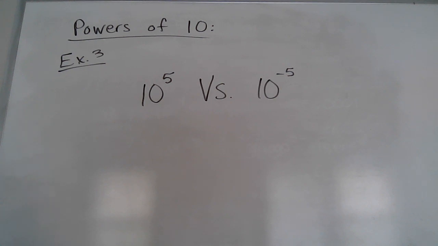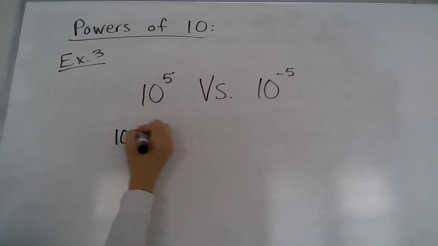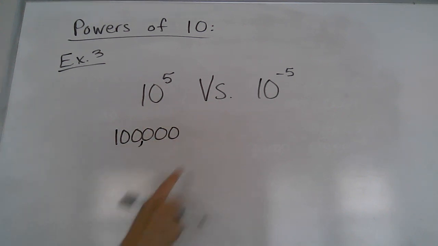All right, so let's do a quick comparison just to sum up and finish laying that groundwork for scientific notation. We are comparing 10 to the 5th power with 10 to the negative 5th power. This creates a very large number, 100,000.